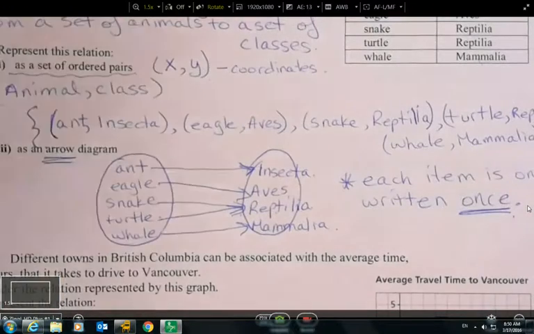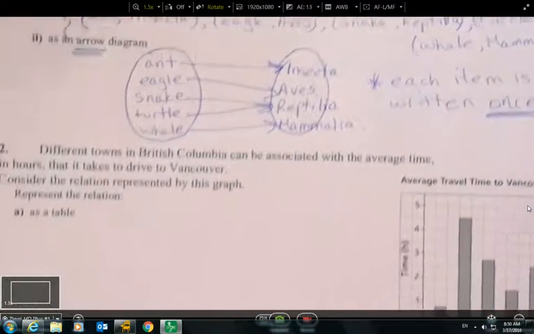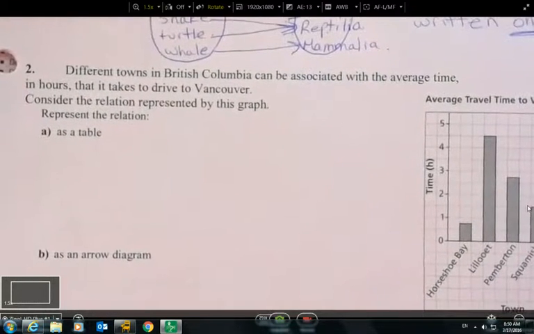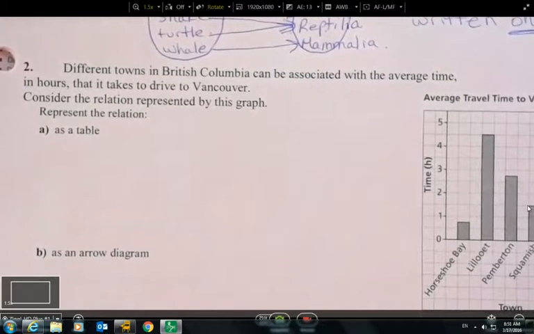All right, now, the next question, number 2, looks at different towns in British Columbia and how they can be associated with the average time in hours it takes to drive to Vancouver. So this is how long people are spending on the road to go from one place to another.